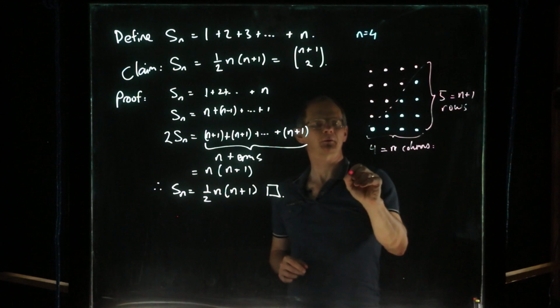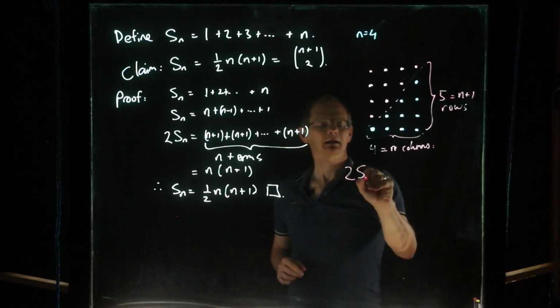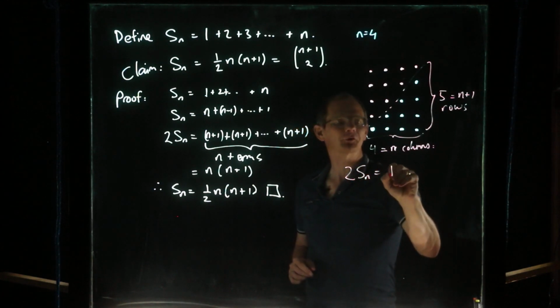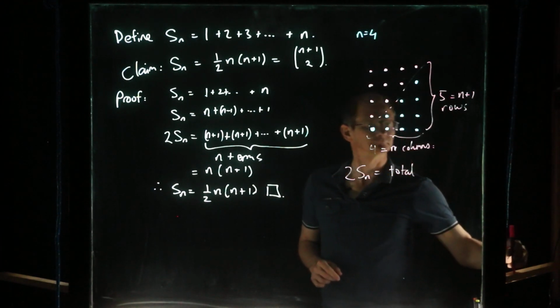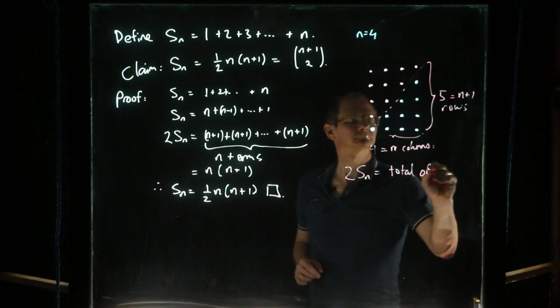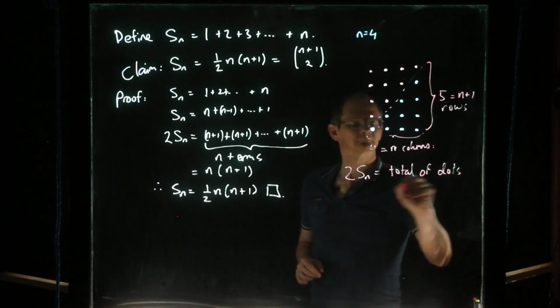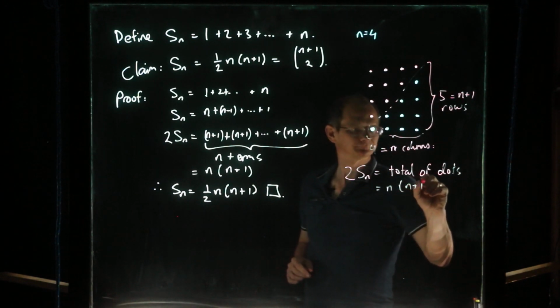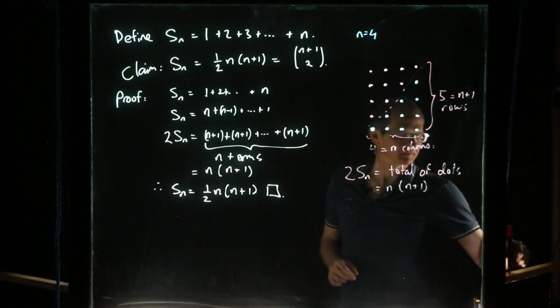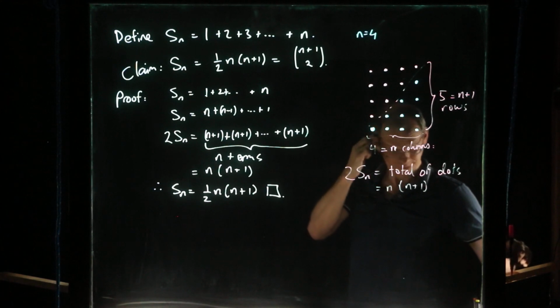So altogether we've got 2Sn, that's the total number of dots. There's n times n plus 1 again. So that's just the same as we said on the left.